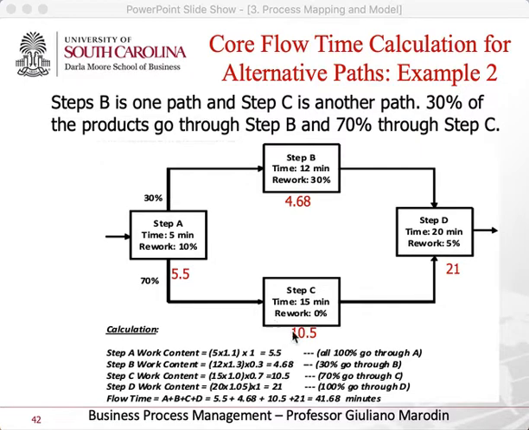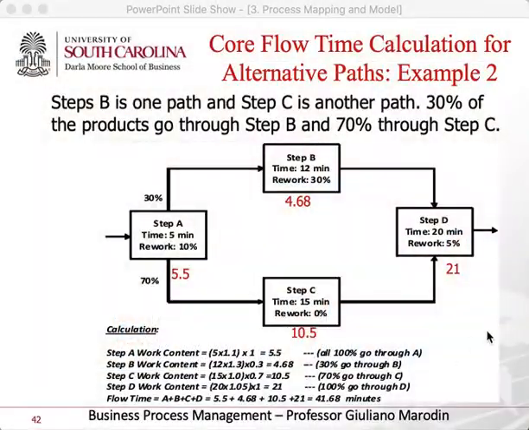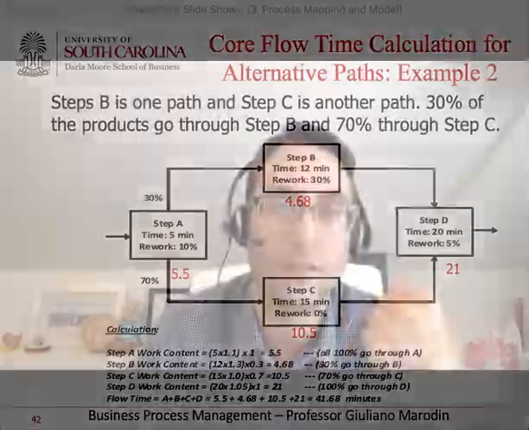Because 70% are going this way, 30% are going this way. If it's 50-50, basically you're doing an average, right? An average of the first one and an average of the second one. But if it's not 50-50, we need to calculate how many are going one way, how many are going the other way by using that percentage. So the total was 41.68.